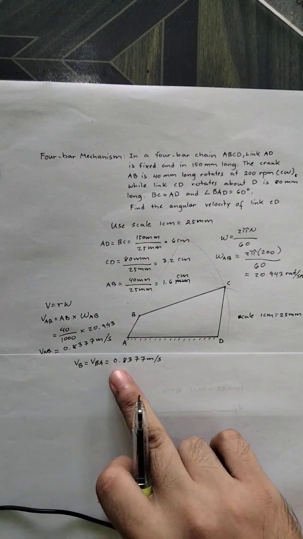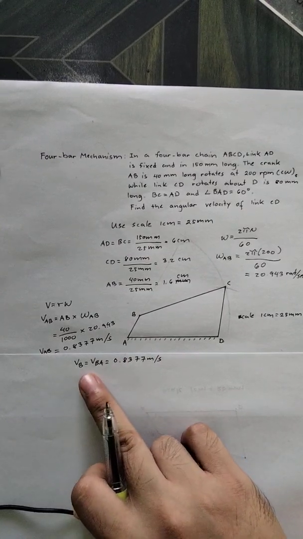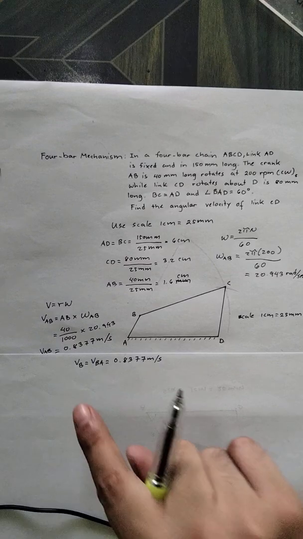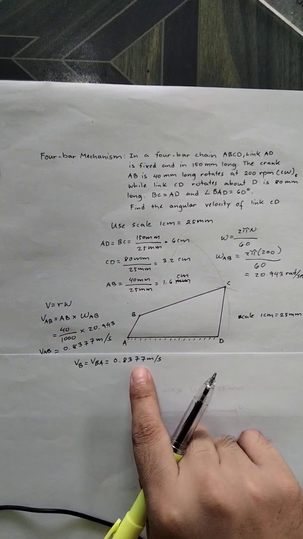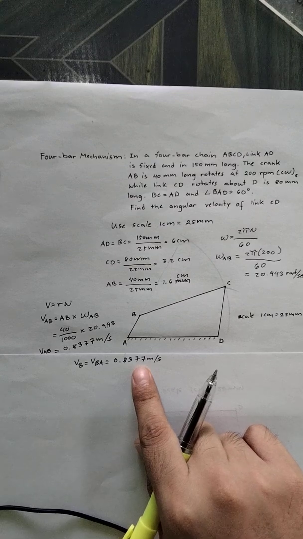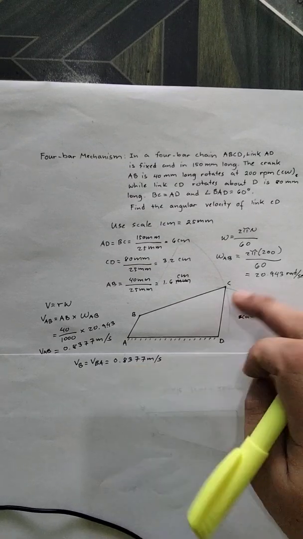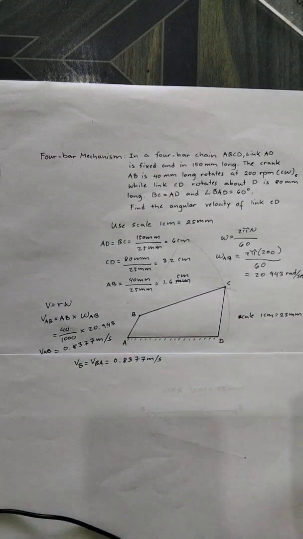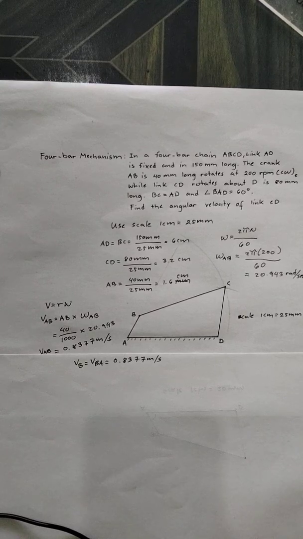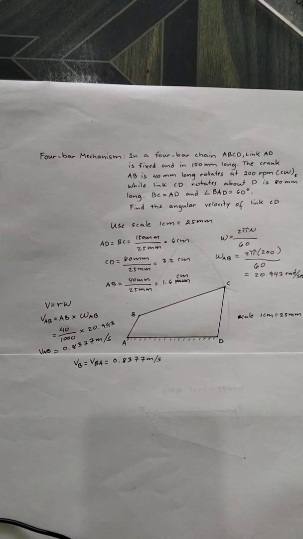Okay? So after you determine one velocity, you just need to create again the velocity diagram using this figure here. In creating a velocity diagram, we need to set a scale again for our velocity.